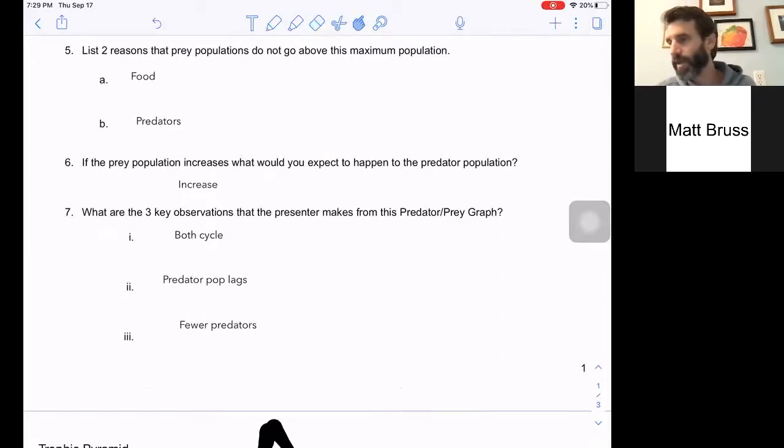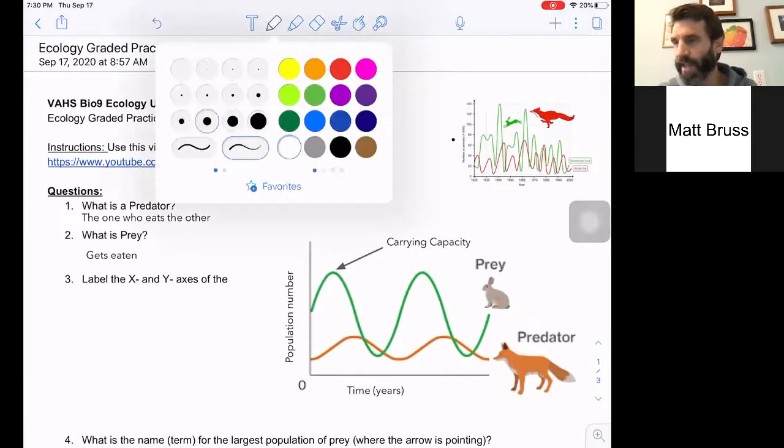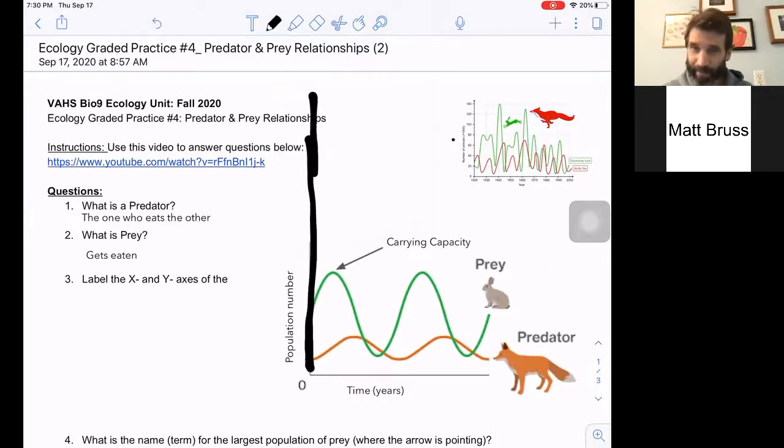We did talk a little bit about this graph and showed, well, what if you drew the grass here? Grass is an organism. You could put it on as a population here, and it changes over time. So we graphed out that if the prey population was at its highest, grass would be at its lowest.